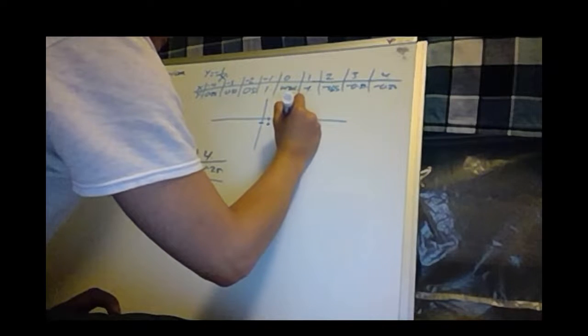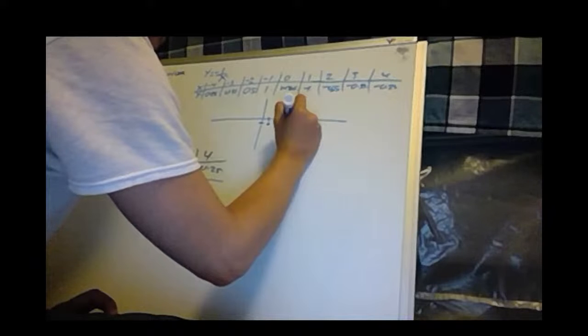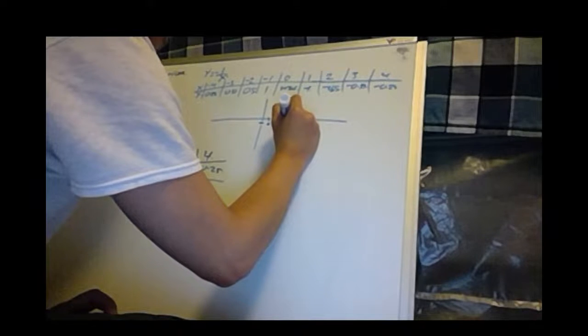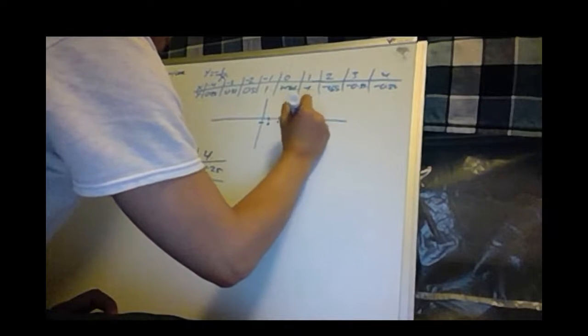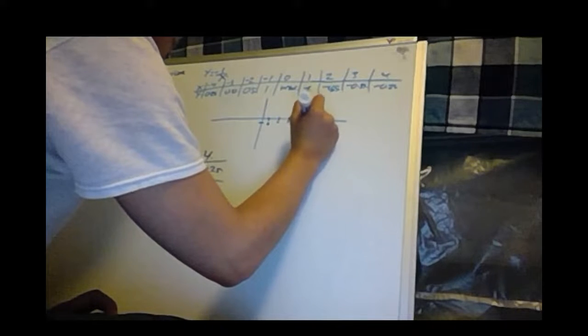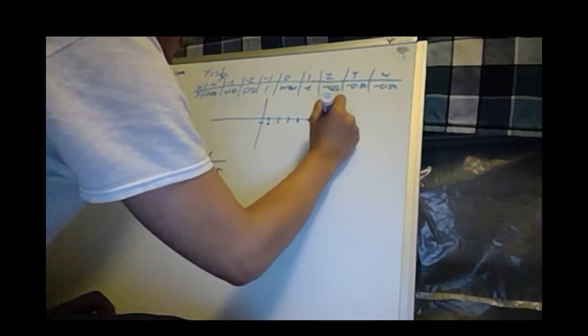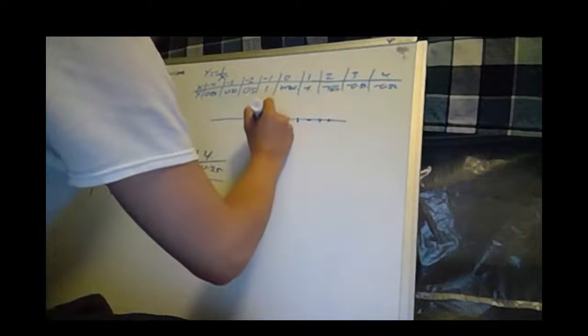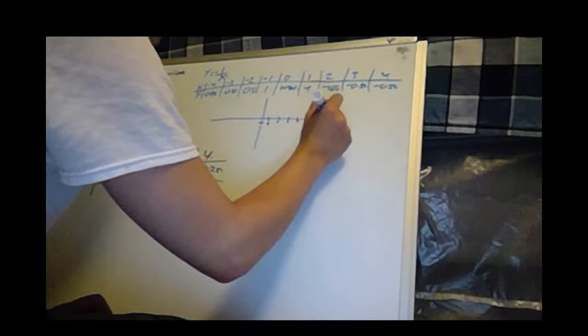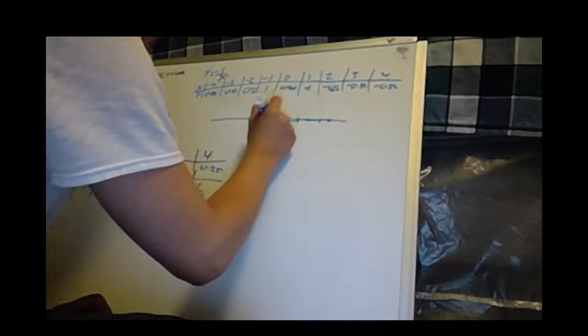Negative 1 over 3, that's negative 0.33. So it's just going to go like this. It's going to get closer and closer to 0, right? And then for 0, it's undefined, so we just draw the curve like this, right?